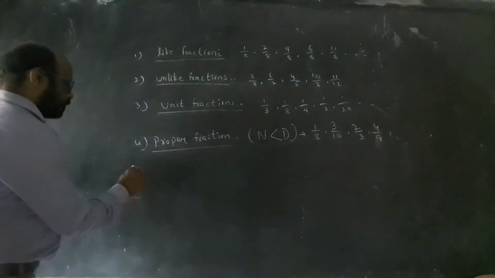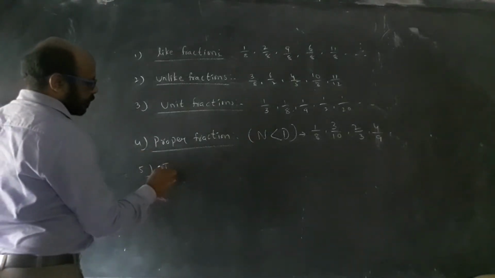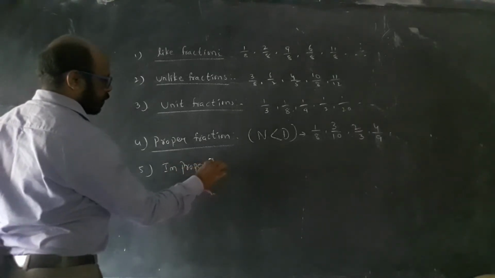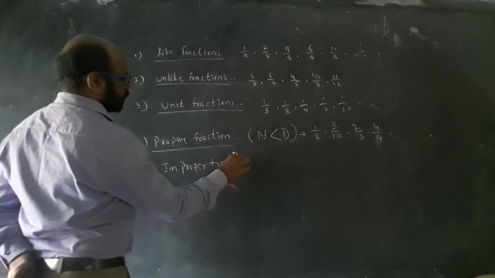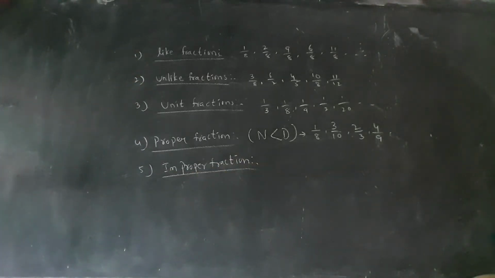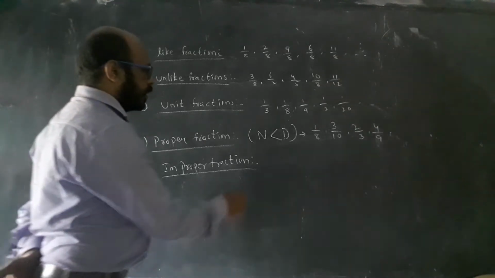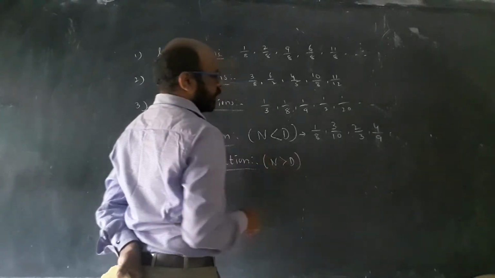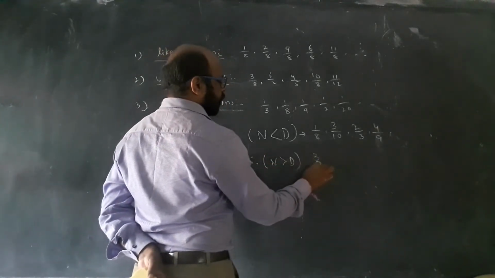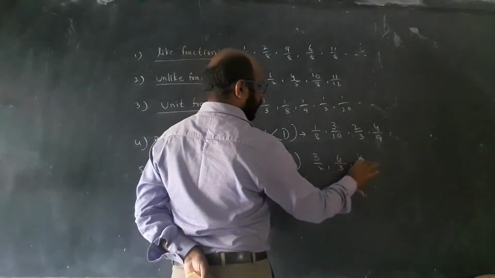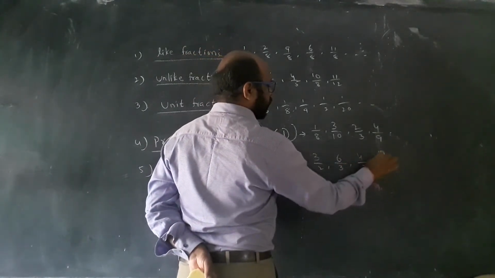The next one is improper fraction. Improper fractions means a group of fractions where the numerator is bigger than the denominator, for example 3 by 2, 6 by 3, 4 by 3, 10 by 9.